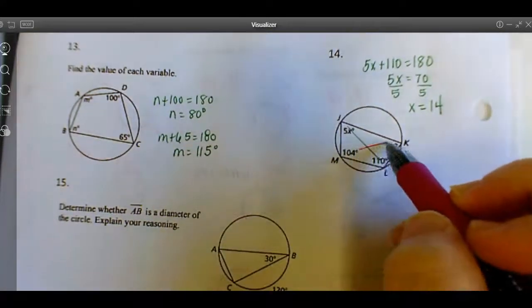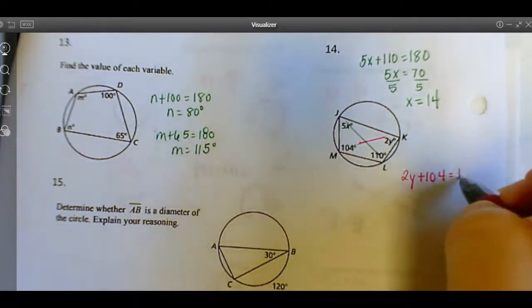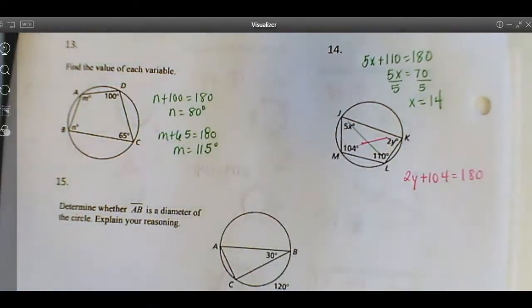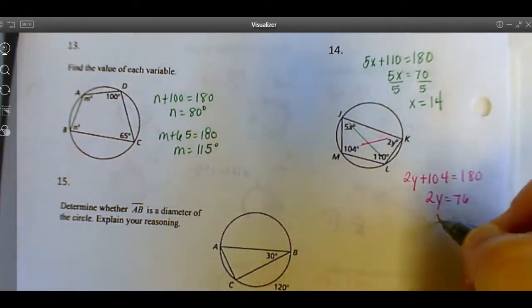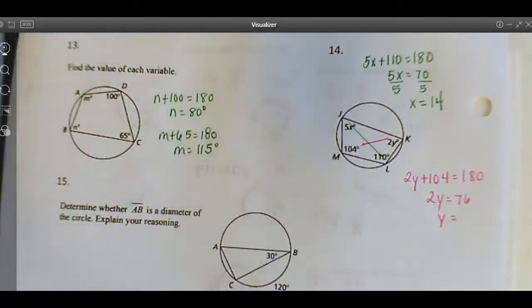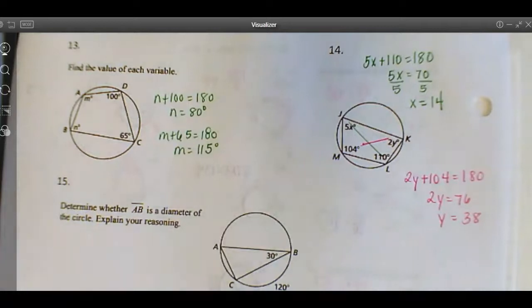Same thing happens here. 2y plus 104 equals 180. So subtract 104. And then divide by 2. Basically just take the ones across from each other, set it equal to 180, and solve.